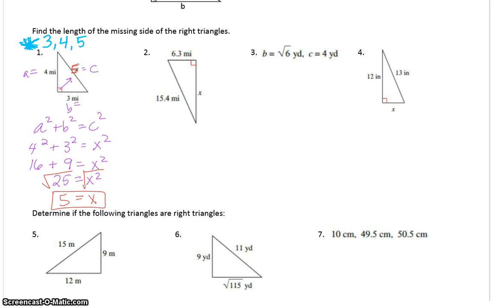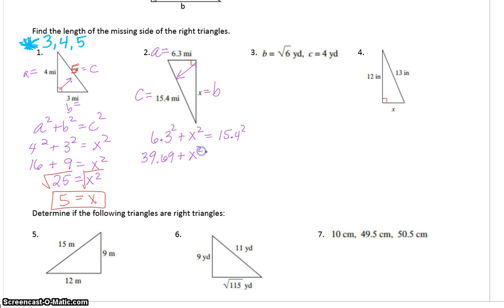Okay, let's look at number 2. Across from the right angle is your hypotenuse. That is C. After that, it does not matter which one you call A and which one you call B. Plug in, you get 6.3 squared plus x squared equals 15.4 squared. 6.3 squared, you're going to want to type that into your calculator, and you're going to get 39.69. 15.4 squared, you get 237.16.